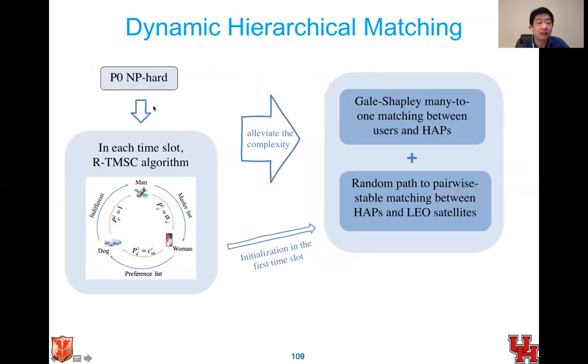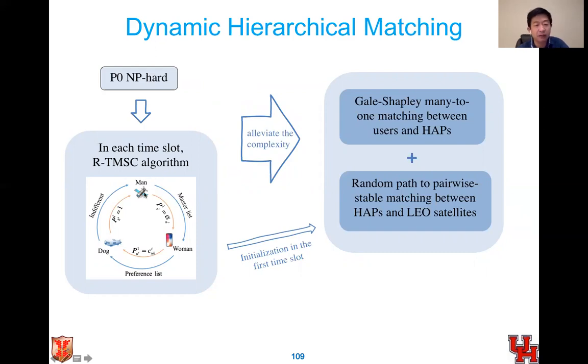First, the mapping itself is NP-hard, so we try to use a matching algorithm to map in a quick way.